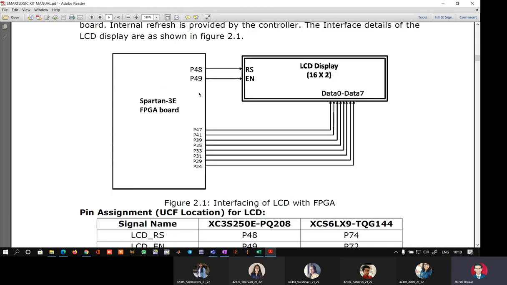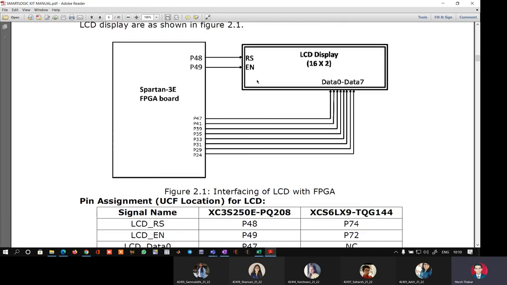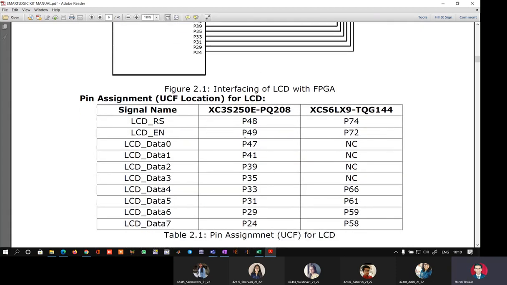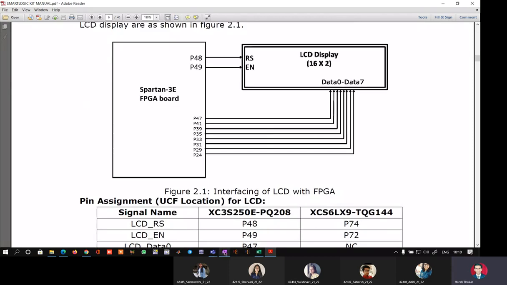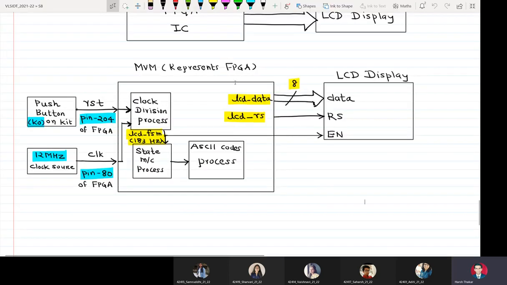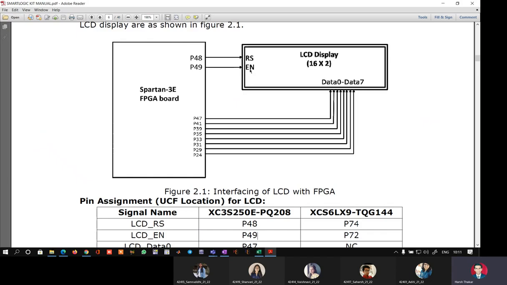Similarly, the output signal which is going to drive my display enable has to be mapped to pin number 49. Similarly, as I told you in our block diagram, the output signal LCD underscore data is going to drive the 8 input lines of the LCD display. That means the 8 bits of that particular output have to be mapped to pin number 47 to pin number 24.